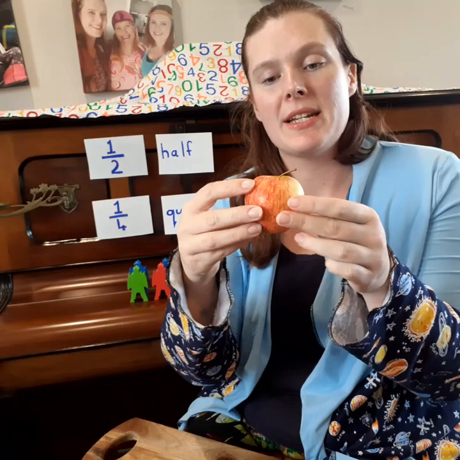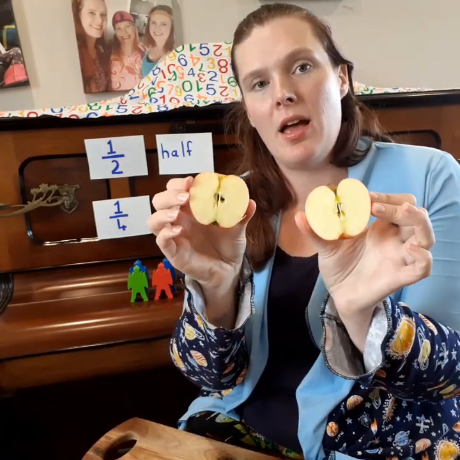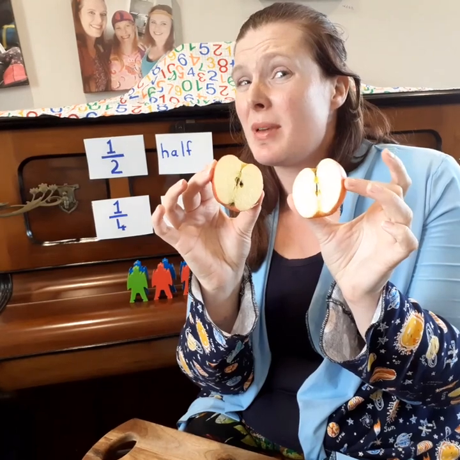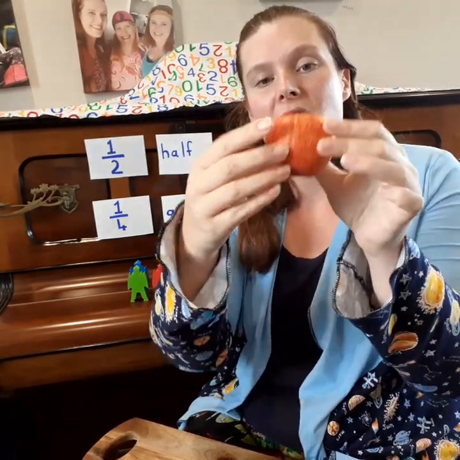So now when I take my apple apart, it should be a half. There we go. I've got 2 pieces of apple that are very, very close to being the same. It's not exact with my apple, but I can tell you that that looks like a half. So I've got 2 equal pieces of apple here.